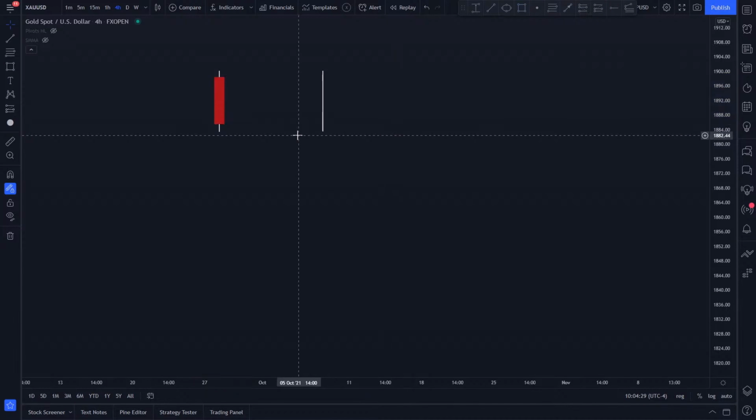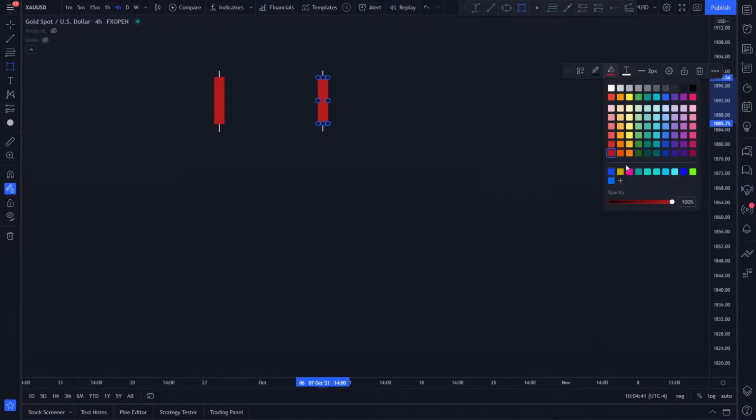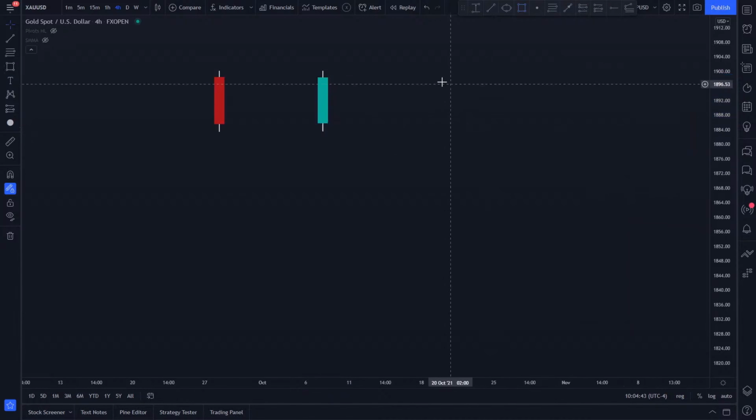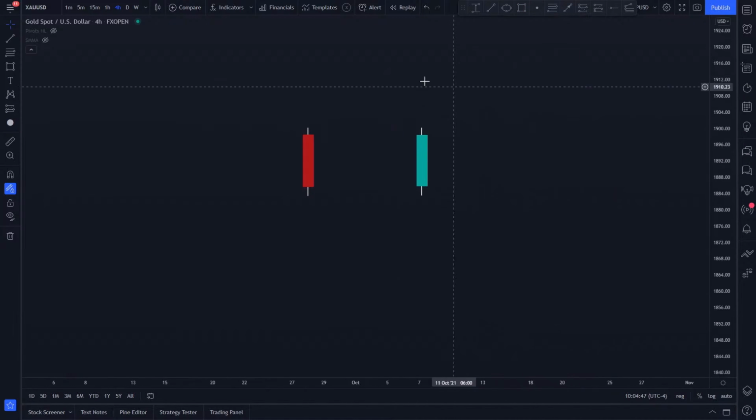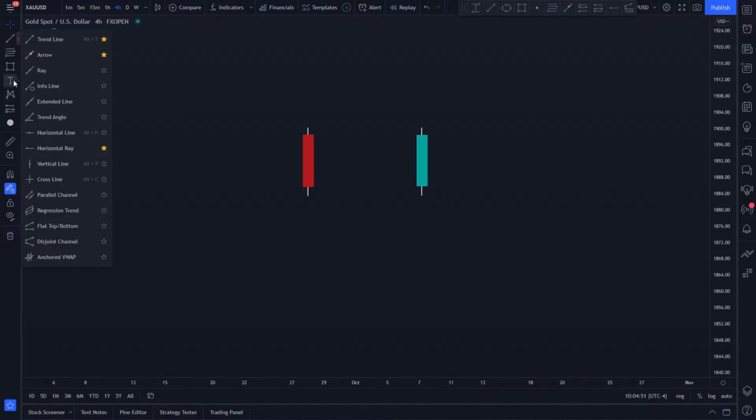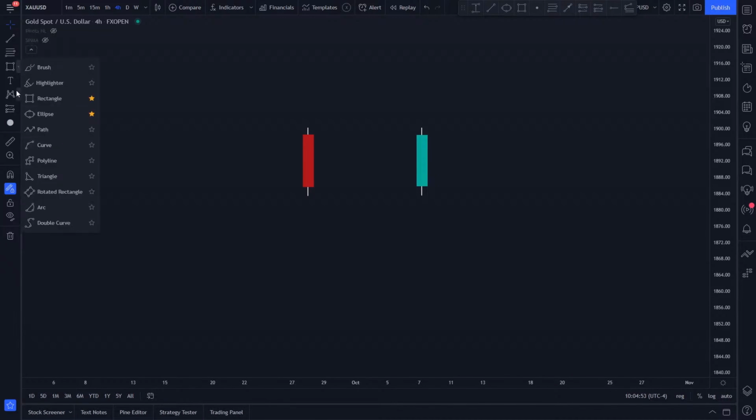Okay, so we have our bearish candlestick there, and then let's draw out our bullish candlestick here. So we have our two candlesticks. You guys know that this candlestick is bearish.